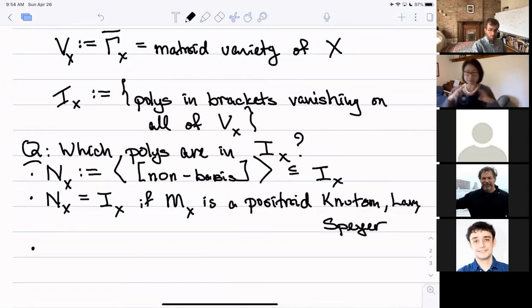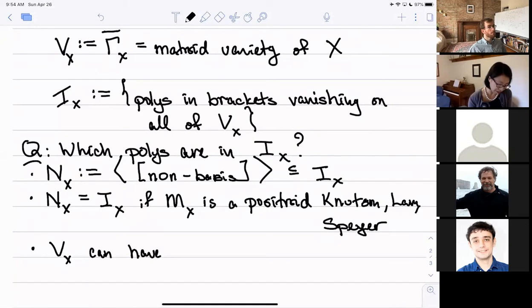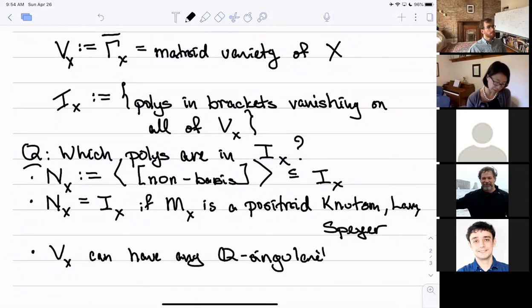The measure of complexity that I'm going to use here is that they can have arbitrary singularities. V X can have any singularity that can be defined over the rationals.